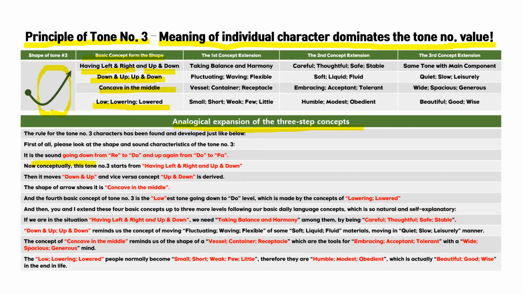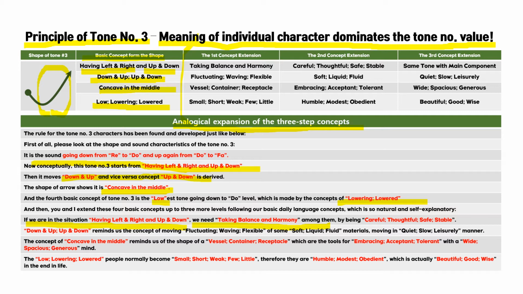Tone number 3 starts from having left and right and up and down, concave in the middle, low, lowering. Then let's go to the next level of conceptual development. If we are in a situation having left and right and up and down, we need to take balance and harmony among them.